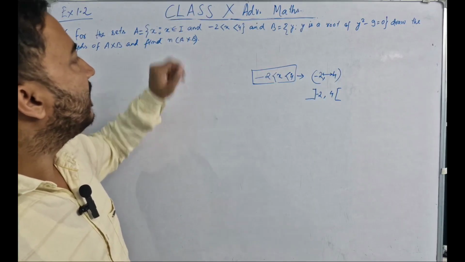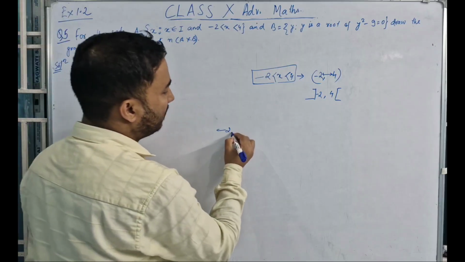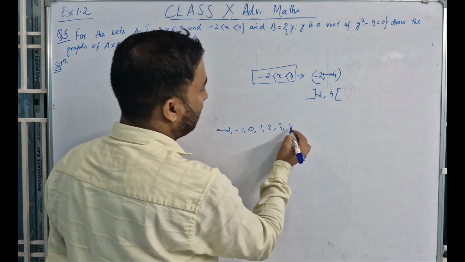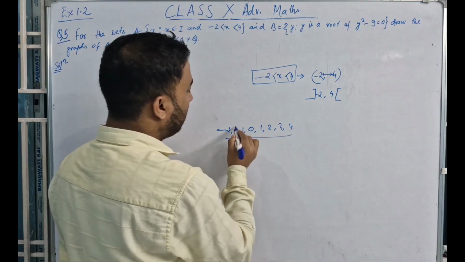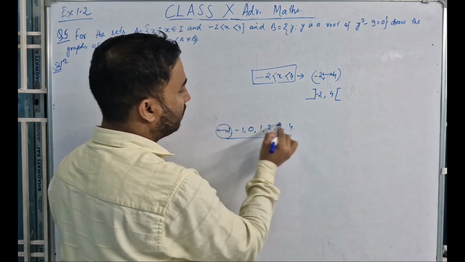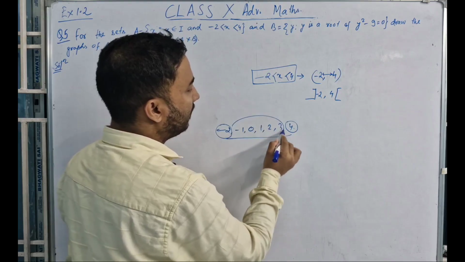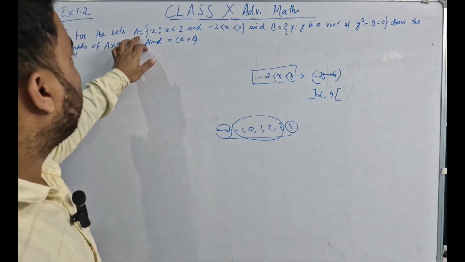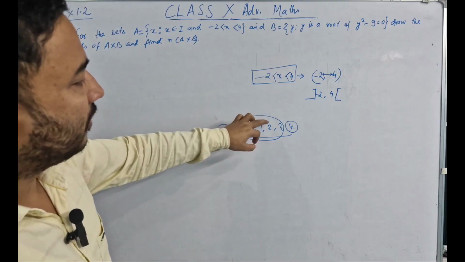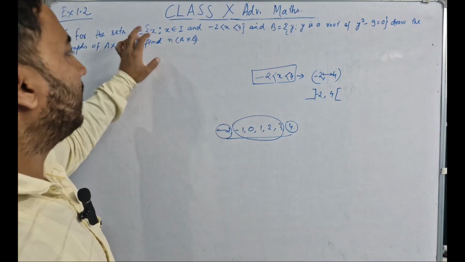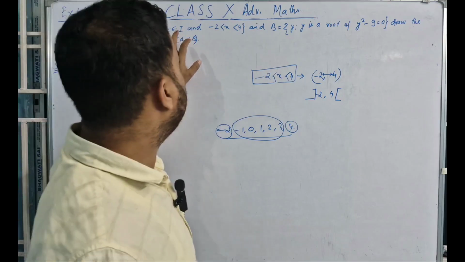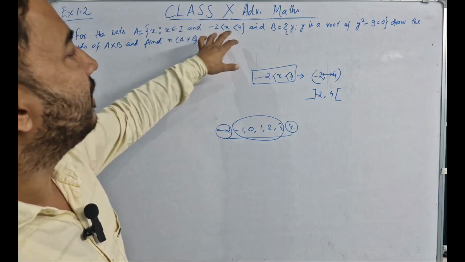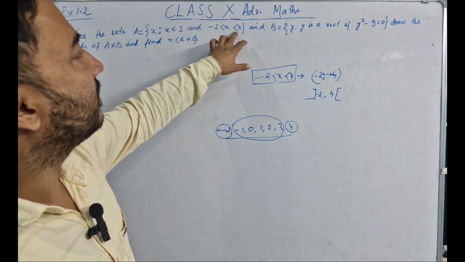Now since these are integers, what are the integers? -2, -1, 0, 1, 2, 3, 4. Since we should not take the two end values, these 5 elements are from A: -1, 0, 1, 2, 3. The set A is given as any integer X lying in the interval -2 less than X less than 4.